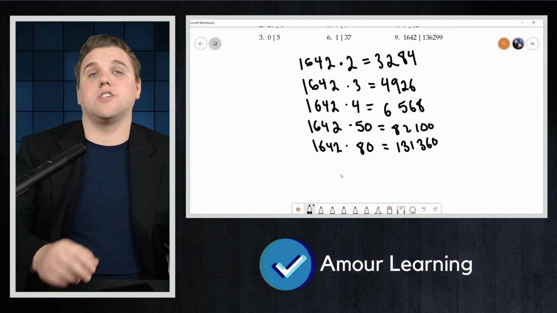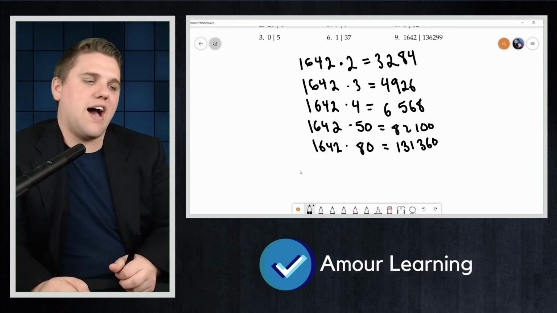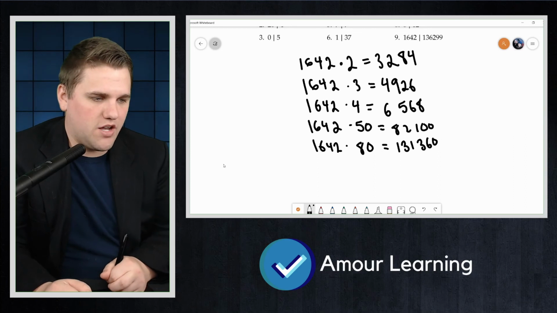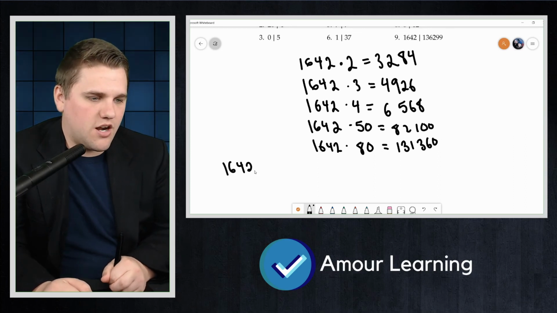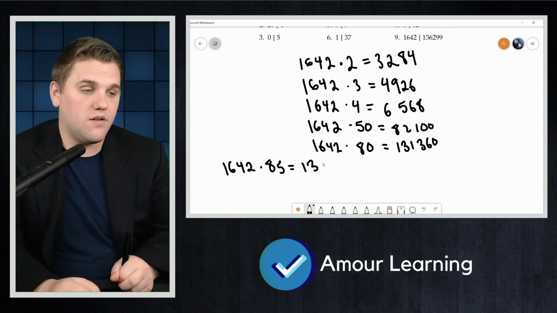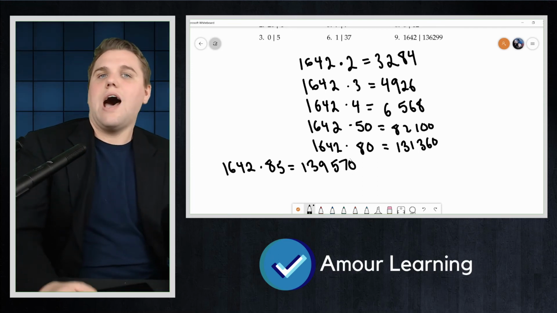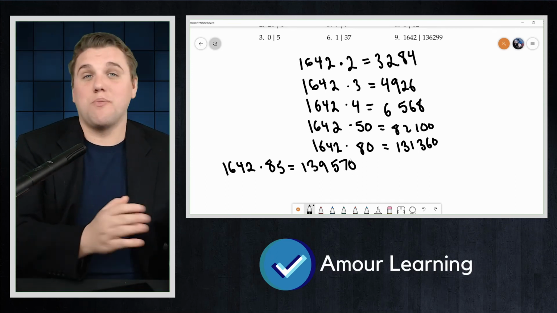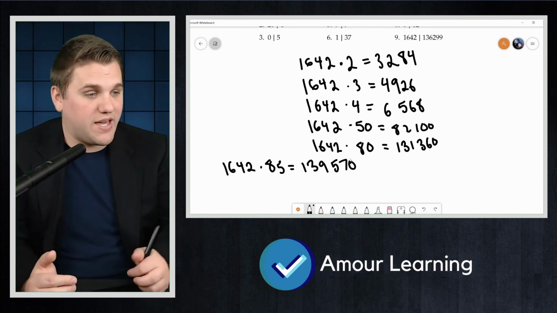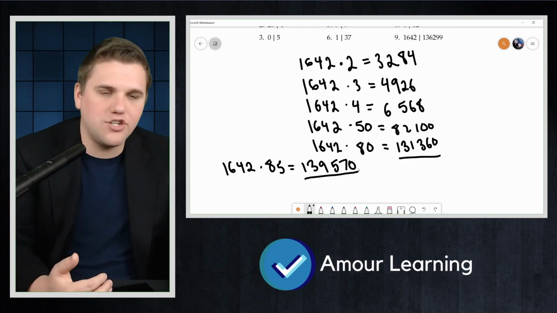So we're getting close. Let's slow down a little bit with this quotient here. Let's try 85. I'm going to give myself a little bit of room here. 1,642 times 85 equals 139,570. So we need to look somewhere between 80 and 85 because 80 was a little bit too little and 85 was a little bit too much.